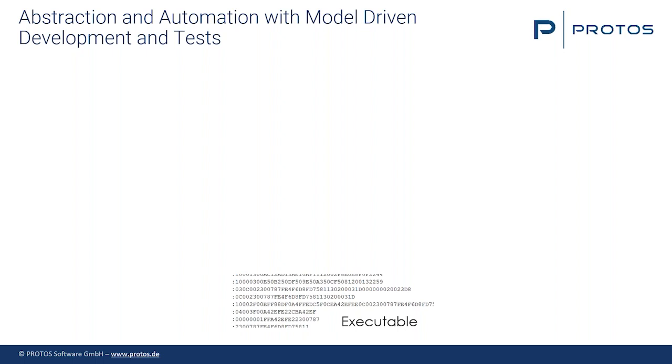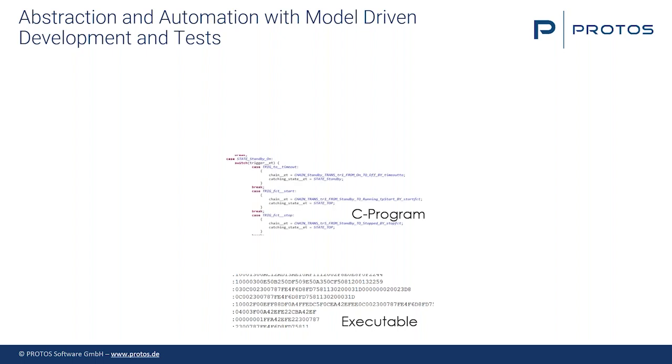To be able to explain it a little bit better to human beings, we invented C programming languages, or other high-level programming languages. Here you explain the logic of the program, and in this case you can see there's a case statement, standby on, switch to a trigger, and so on.